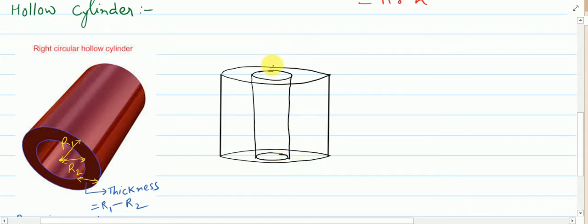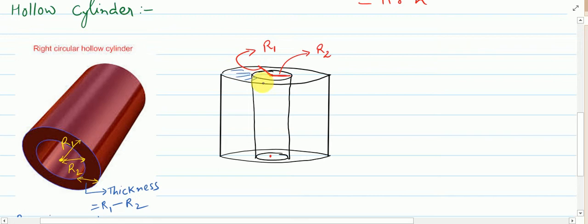In the hollow cylinder, here we have the center. This distance is called the inner radius. I will denote this by R2, and from this center, if you go till the outer circumference, this is called the outer radius.